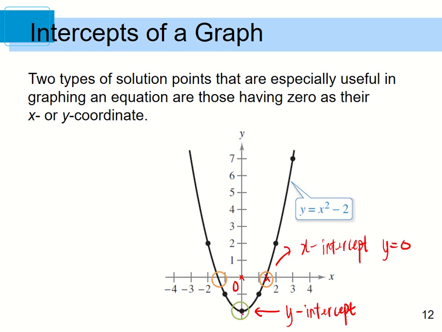And for the y-intercept, what happens to the x? At this point, the x is 0. So these two conditions, y equals 0 and x equals 0, become very important indicators for us to look for the x-intercept and the y-intercept.